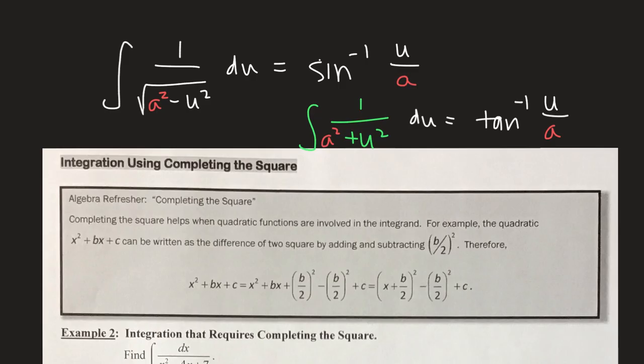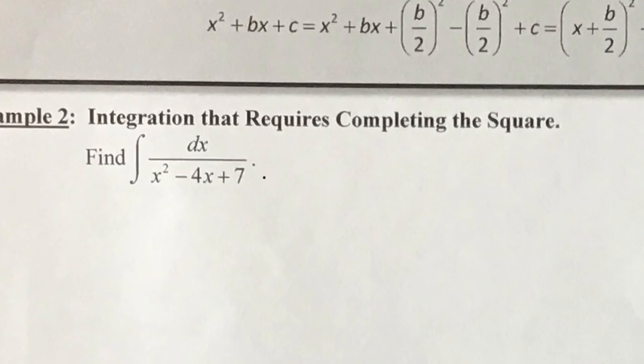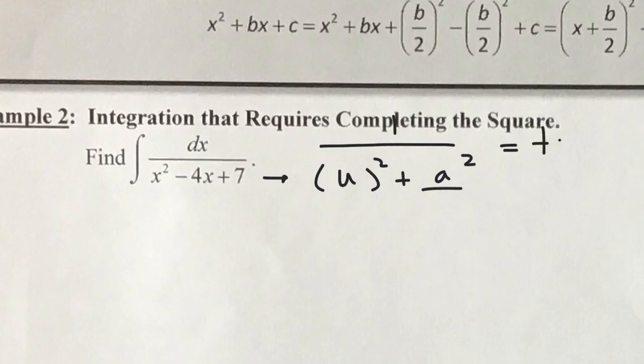So looking at example 2, the one here where it says completing the square, we want to make the bottom into something squared plus something else squared. If we could do that, then we could use that arctan as the inverse or the antiderivative. So that's our whole goal: we're trying to create something that is easily antiderivable or easily integratable, since those words are synonymous.